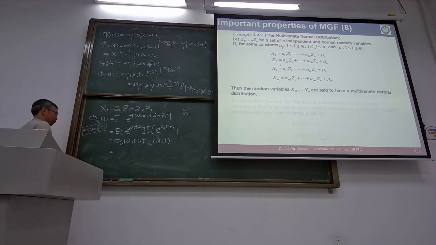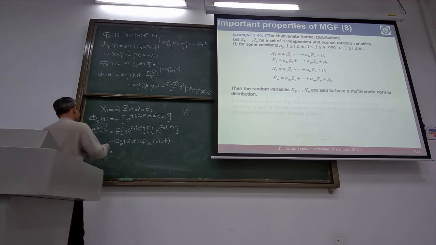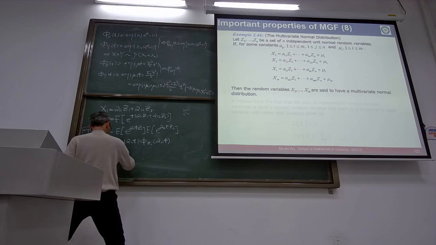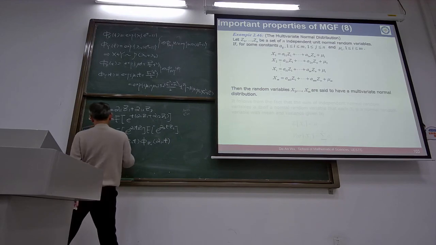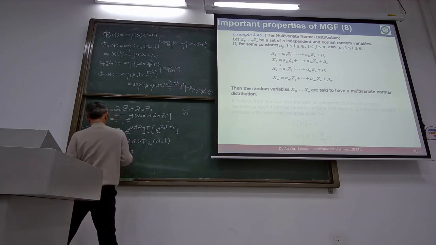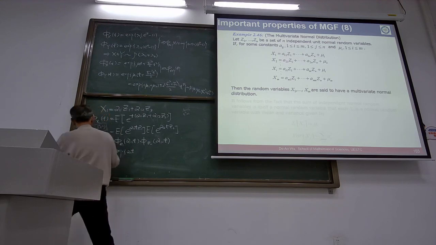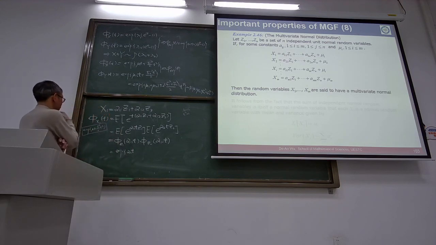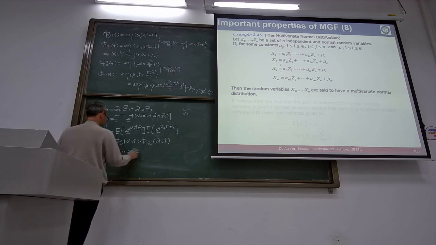In this case, it just equals the expectation with mu t, where mu equals alpha 1 1 t. Mu equals 0 in our case.